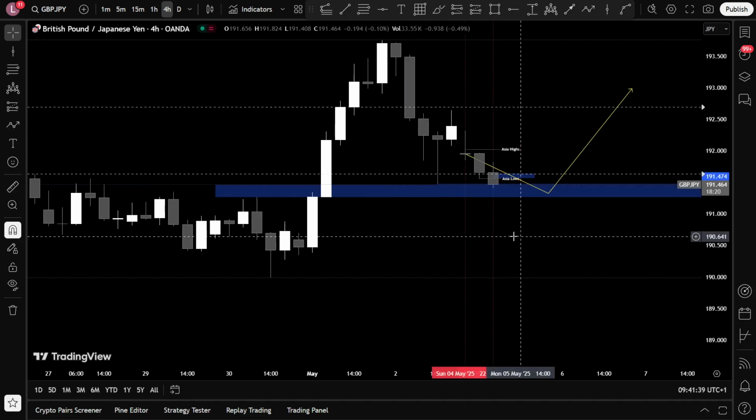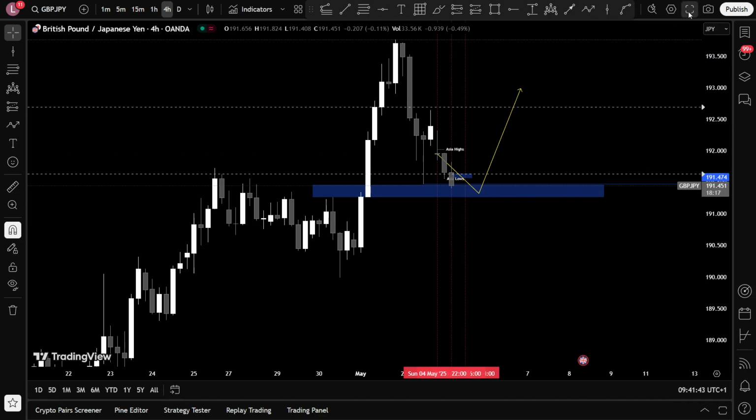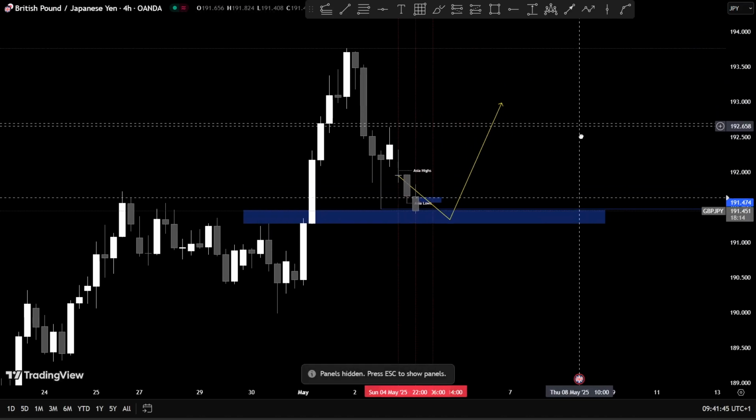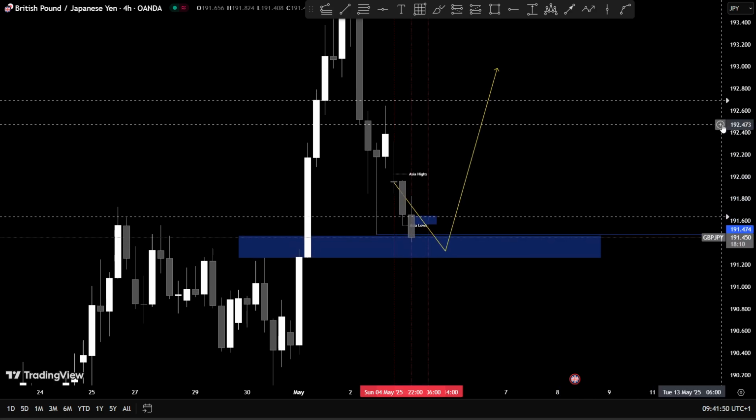And so on, if we scale down to the lower time frame, which is the 4-hour time frame, the 4-hour still has the ability to give us the overall trend. So we are not going to execute on the 4-hour, but we are going to identify the next move from the daily and the 4-hour. Those two time frames are correlated.